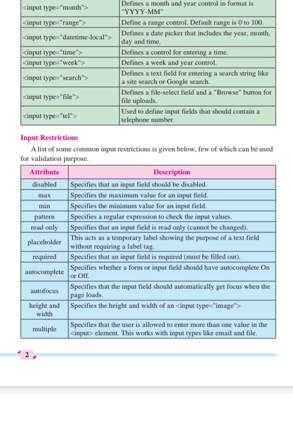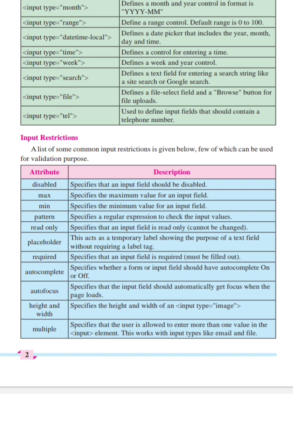Next we have input type equal to datetime-local. It defines a date picker that includes the year, month, day and time. Input type equal to time defines a time picker, a control for entering a time.